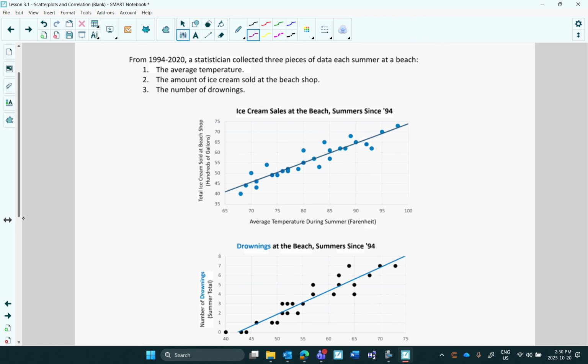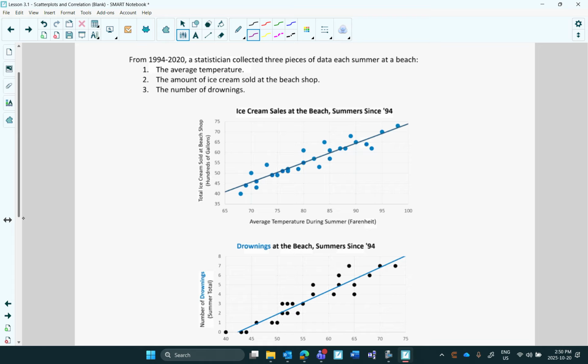The first scatter plot uses the average temperature to predict the number of ice cream sales. One would think, using common sense, that that would be positive, right? The higher the temperature, the more ice cream sales, and we can see that happens.